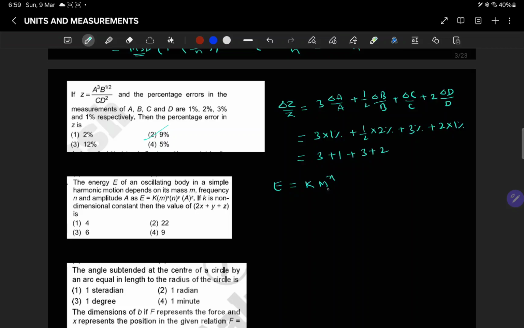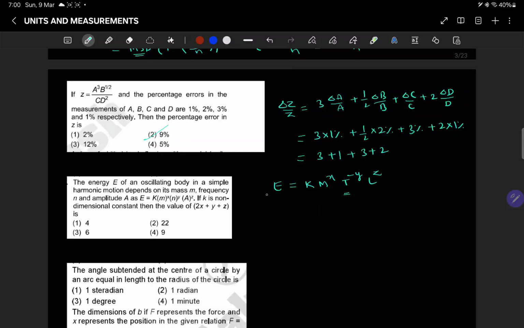N is frequency. Frequency means 1 by time period, so t to the power of minus y. I am writing directly in terms of time period, students. Don't confuse. And a is amplitude. Amplitude is nothing but length, L to the power of z.